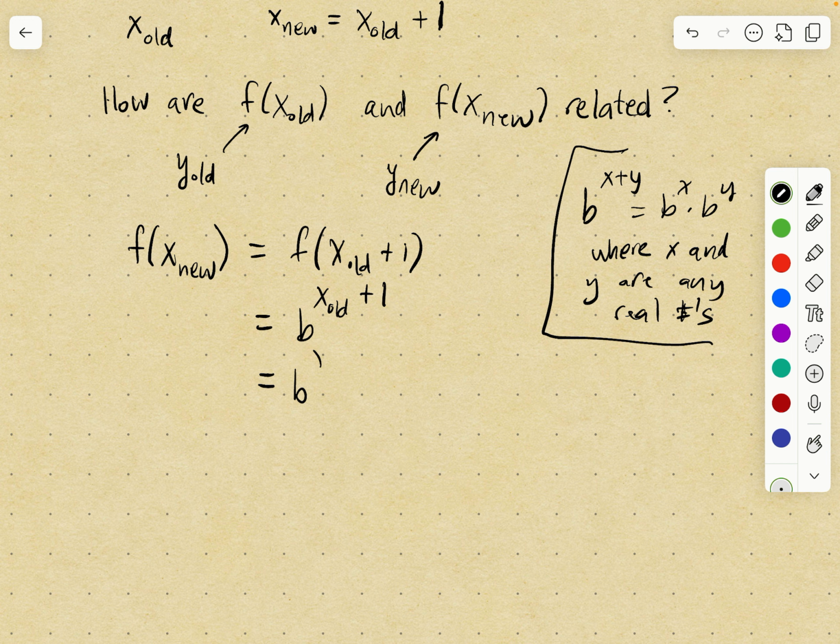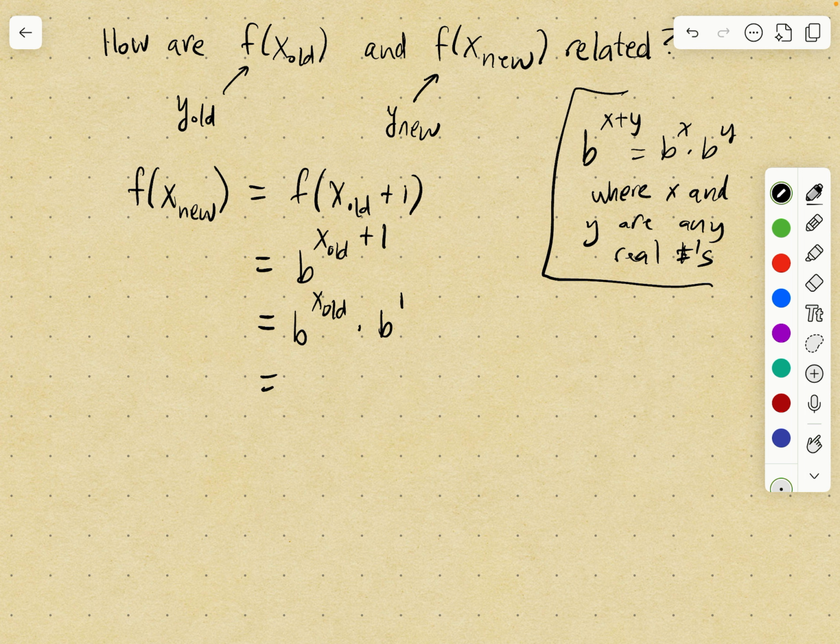This is b to the x old times b to the 1, and b to the x old is just what I get when I plug in my old x value into the function. So that's the old y value, and what I'm calculating is the new y value. So it's the old y value times b.